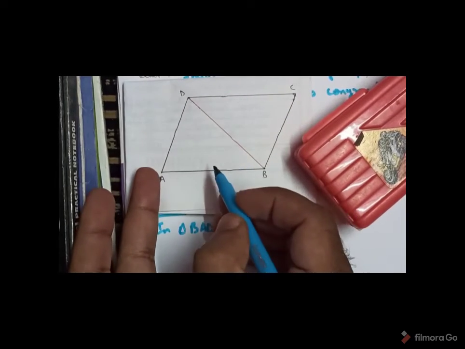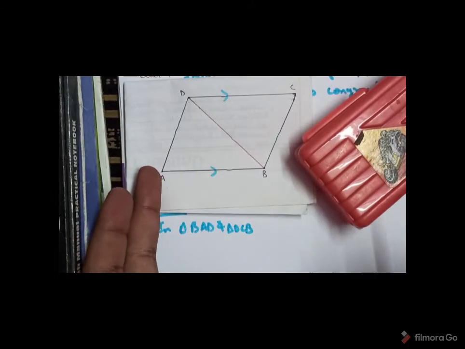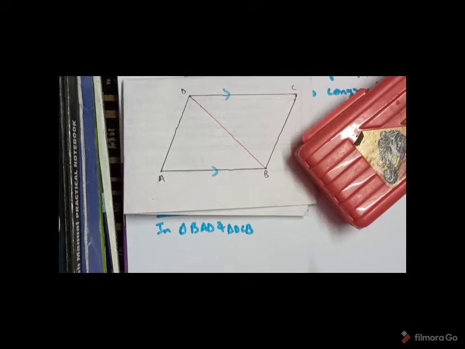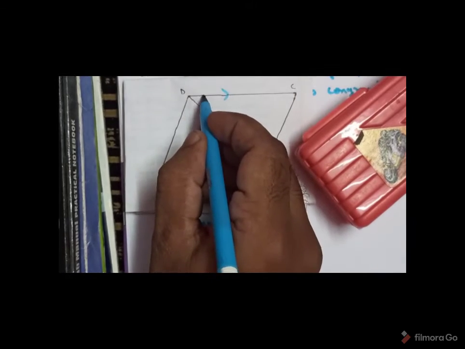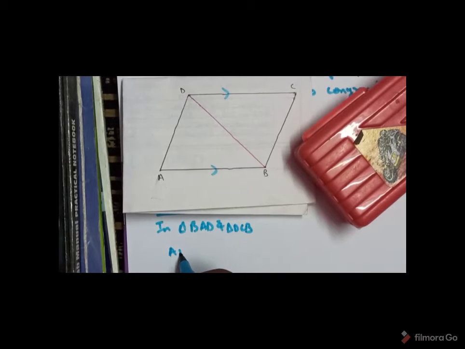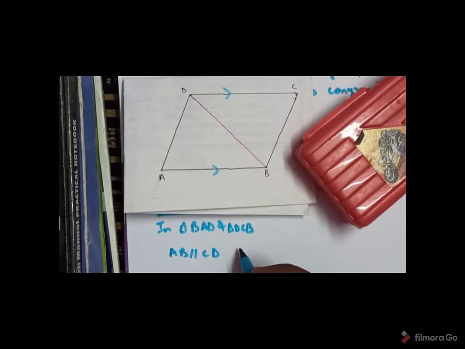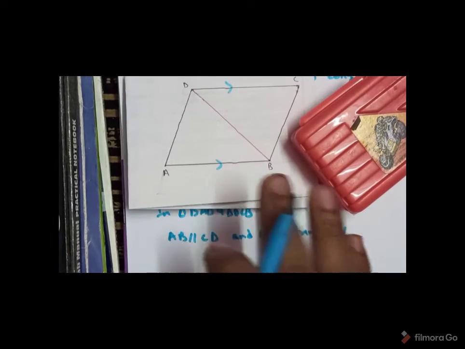then the opposite sides of a parallelogram are parallel, obviously, and equal. So AB is parallel to CD, because ABCD is a parallelogram, and BD is the transversal.